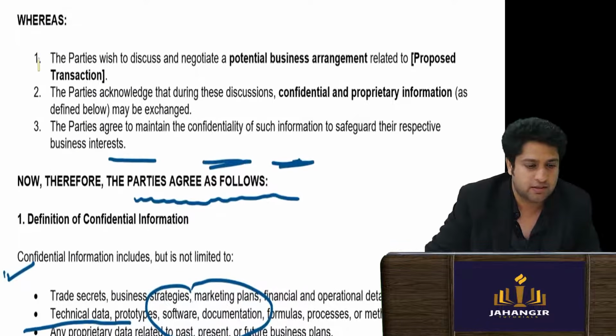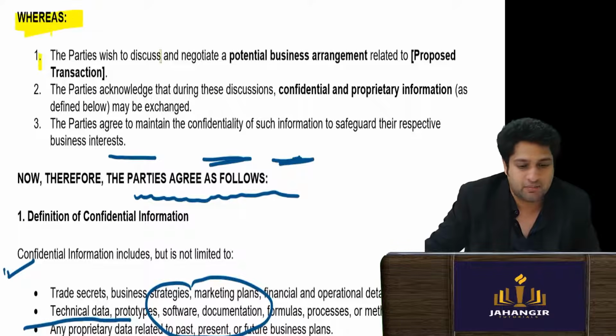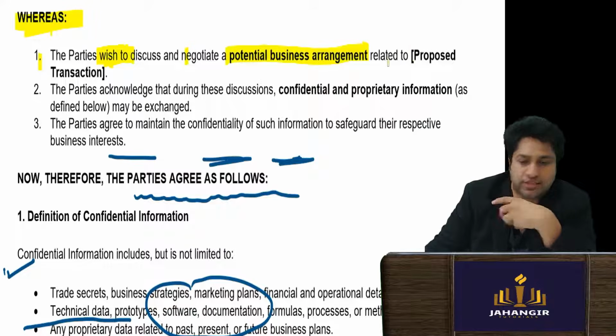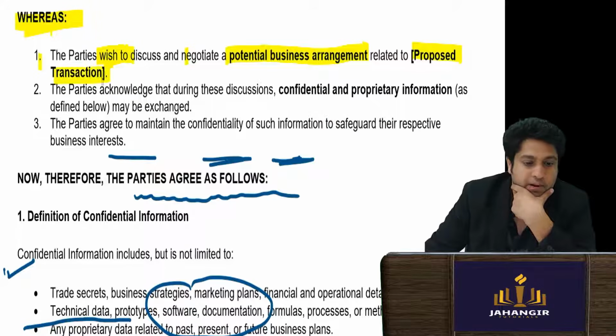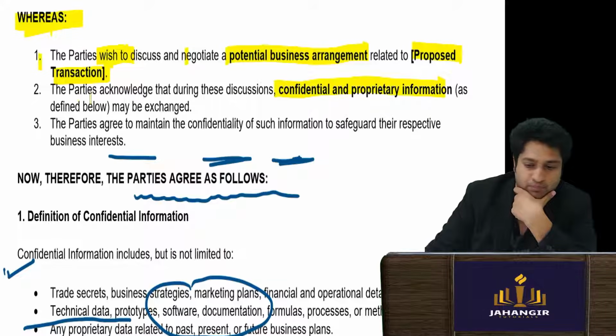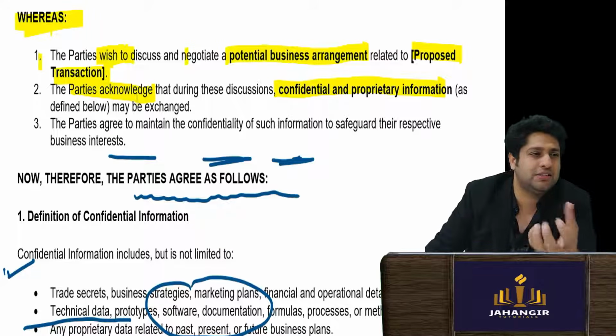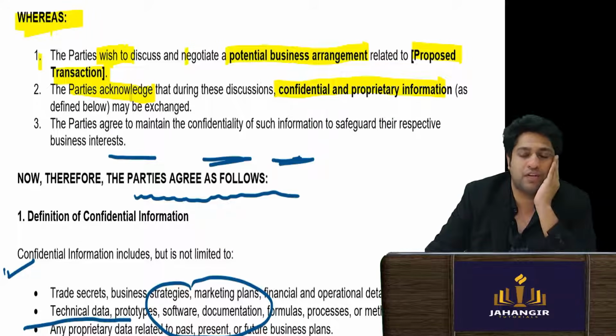Whereas party 1 wishes to negotiate a potential business arrangement, so there is a potential proposed transaction. The parties acknowledge that this information is secretive, confidential, proprietary.